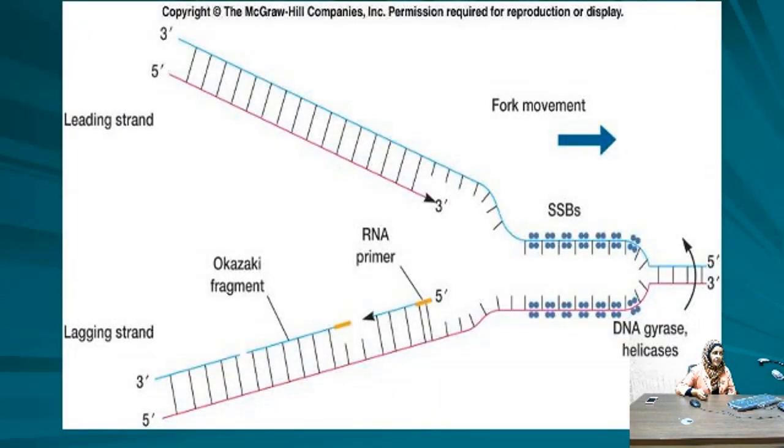This figure shows the replication fork and the direction of the replication fork, the leading strand and the lagging strand. This figure also shows the direction of the leading strand from 5' to 3', and the direction of the lagging strand from 3' to 5'. It also shows the Okazaki fragment and the RNA primer.